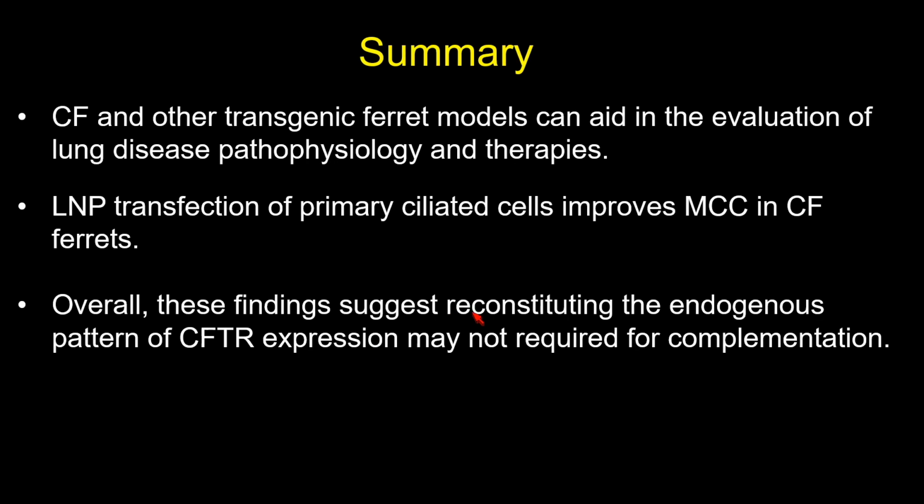And while I've spent my career studying specificity of CFTR at the cellular level and what its functions and implications might be for gene therapy, I'm actually encouraged for the field that we may not need to reconstitute CFTR in ionocytes and the 30% of secretory cells that express tenfold lower levels of CFTR. That's a really good thing.